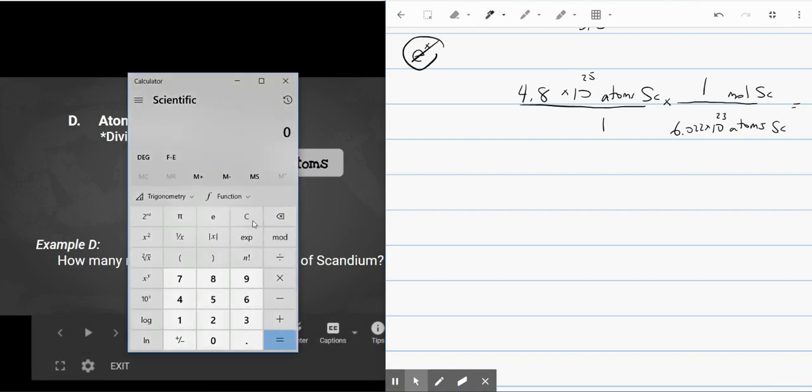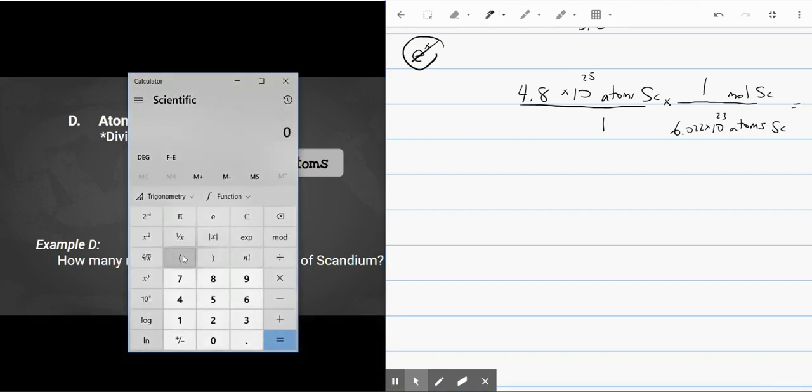Okay, so on this calculator, I'm going to use parentheses here. So I have 4.8 exponent 25 end parentheses, because that's my top value divided by the bottom value is going to be 6.022 exponent 23.